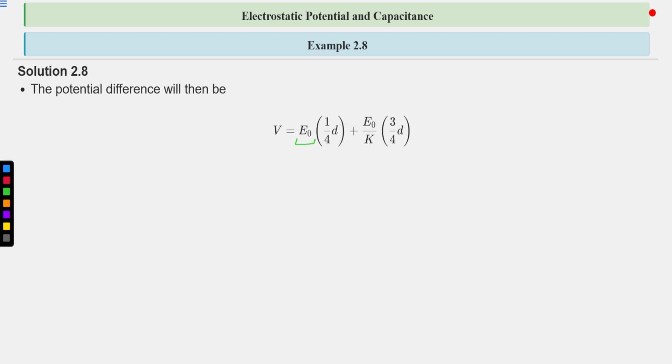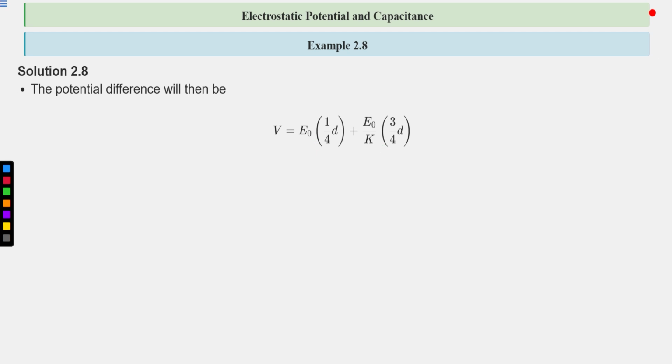So this electric field is multiplied by the separation where the dielectric is not present. And E naught by K is the reduced value of electric field where there is a dielectric. In how much thickness is the dielectric present? 3/4 D. So the potential is equal to E naught times 1/4 D plus E naught by K times 3/4 D.